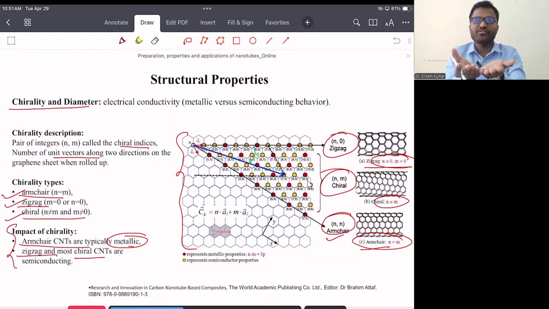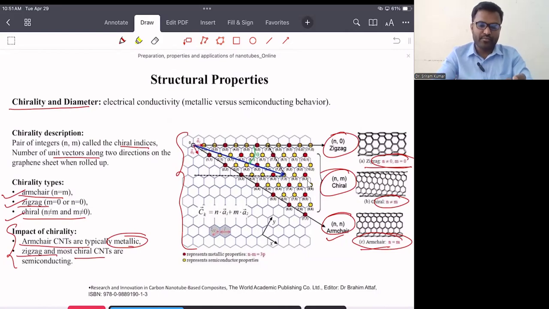Whenever the graphene sheet rolls up, based on the kind of rolling, we have three different kinds of chirality of carbon nanotubes: armchair, zigzag, and chiral. Based on this chirality, we will have metallic or semiconducting carbon nanotubes.